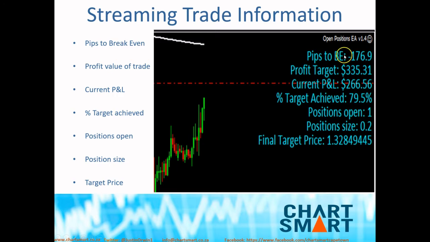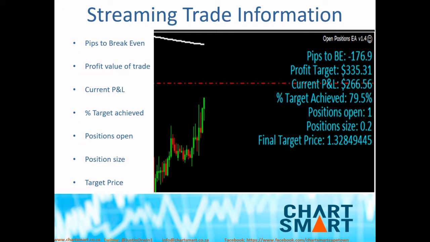Okay, so the first line here is pips to BE. That's pips to break even. The trade manager is going to tell us how far in profit or loss we are from our open position in pips. So in this particular trade that we were in, we were 176.9 pips up in profit. And for us to get back to break even, the trade would have to move against us by 176.9 pips.